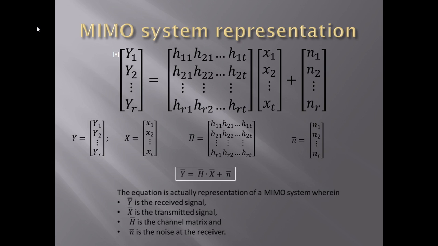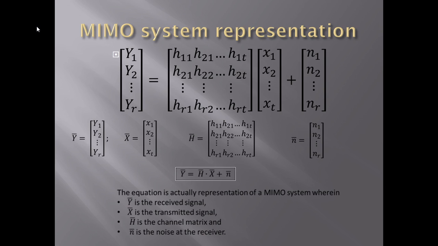The MIMO system can be represented using the matrices as shown below. A MIMO system has R receiver antennas and T transmitting antennas. The output signal received at the receiving antennas can be represented by the Y matrix, which has R terms, Y1, Y2, and so on till YR.